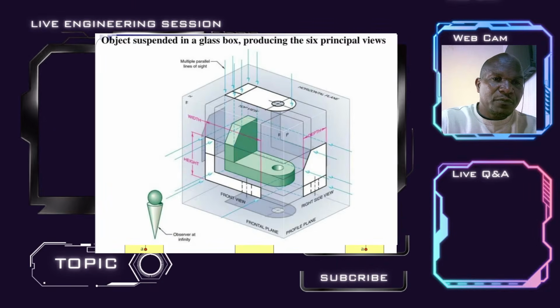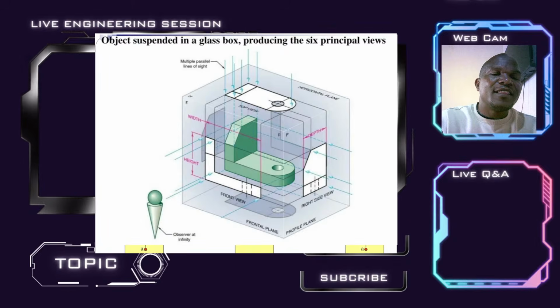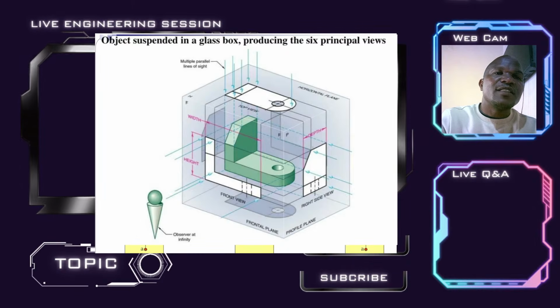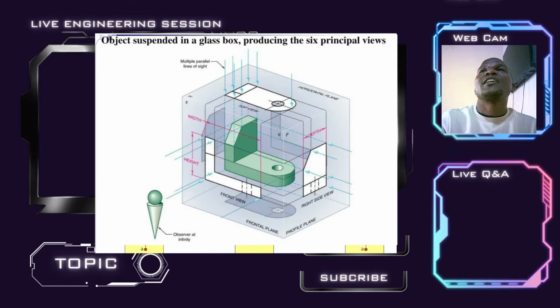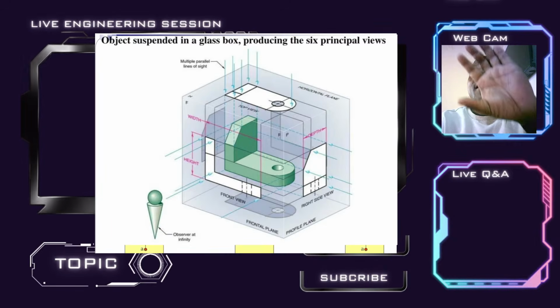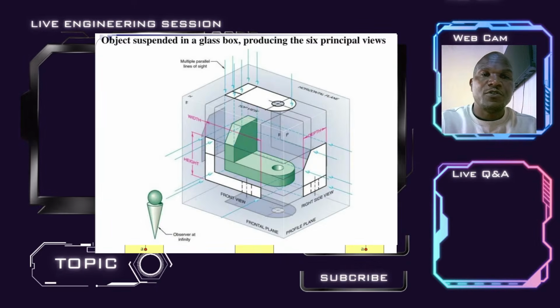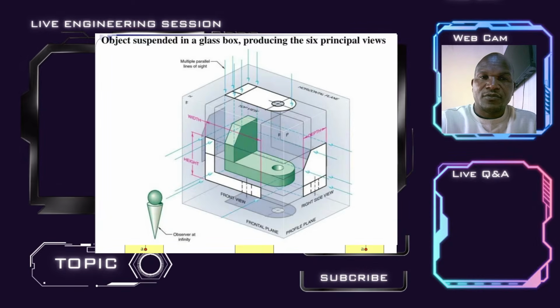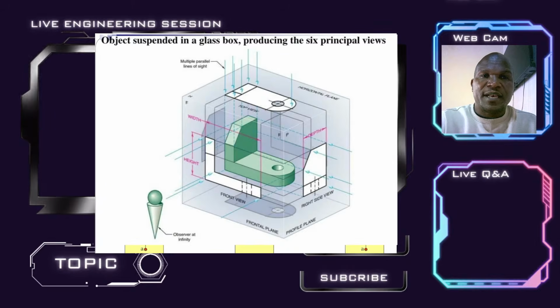Also from the front view, the view that is not shaded in white but shaded in gray at the rear is the same image that has been reflected on the rear profile. Let me call it just the rear side, which is the opposite of the front view. So is the plan, which has been reflected.